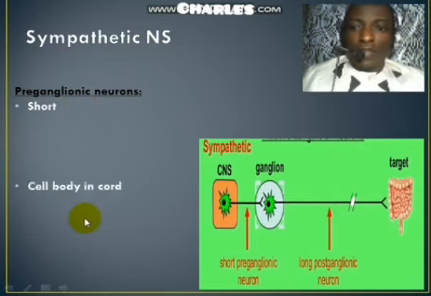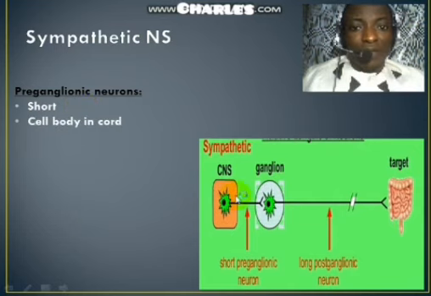Now the cell body of the sympathetic nervous system actually lies at the spinal cord. This star-like greenish structure with a black nucleus in the middle represents the soma of the preganglionic neuron of the sympathetic nervous system. It lies actually in the spinal cord.